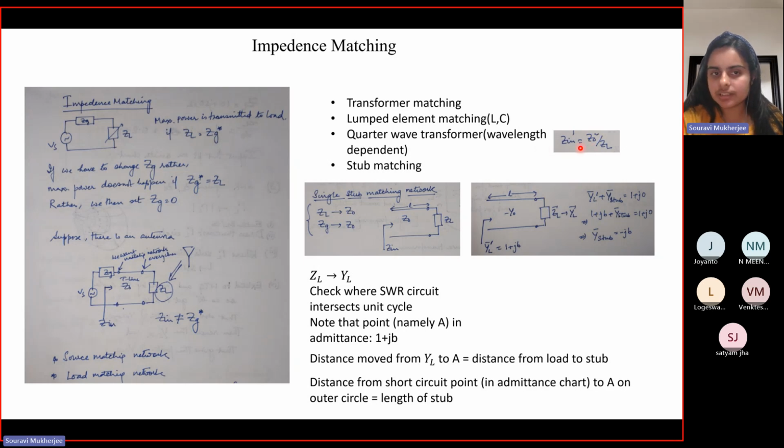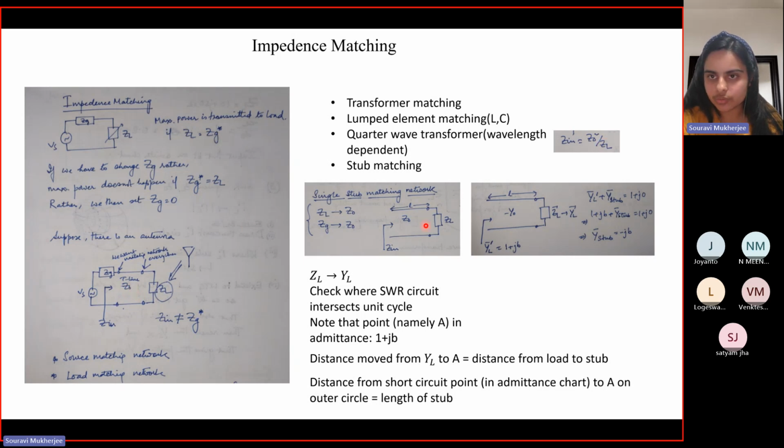So there, you can add quarter wave transformers where the Zin, your load and the characteristic impedances are related by this relation. So basically, if your Zg is provided and your ZL is known, what should be your Z naught? So based on the wavelength of the signal that you want to transmit. So suppose you know Zg, you know ZL, you can tell what Z naught will be, right?